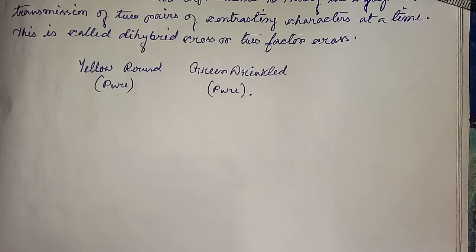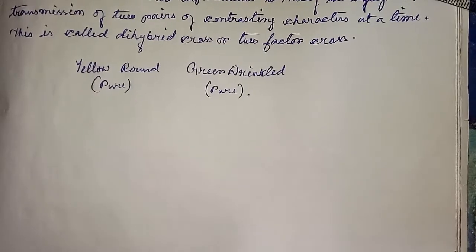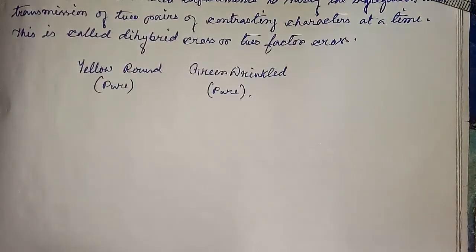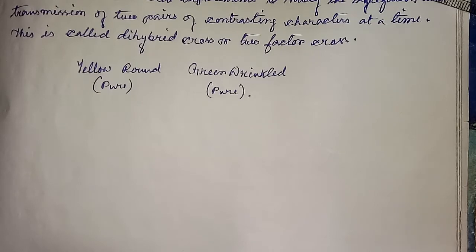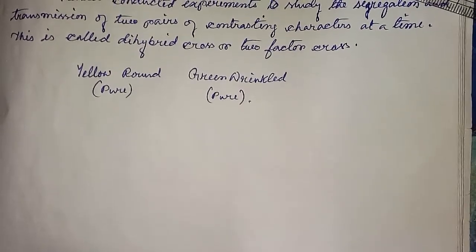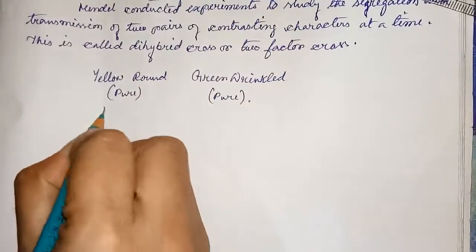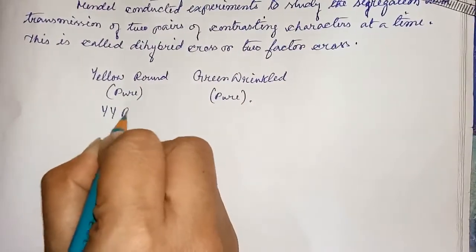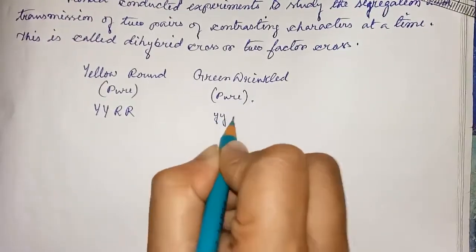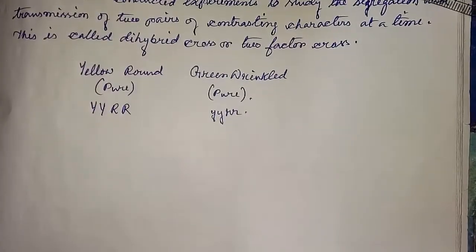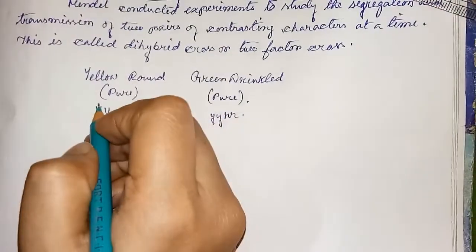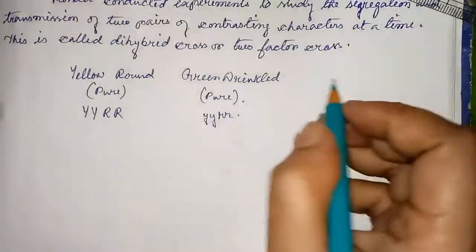Yellow round means YYRR, and green wrinkled is small y small y, small r small r. It is the P generation.